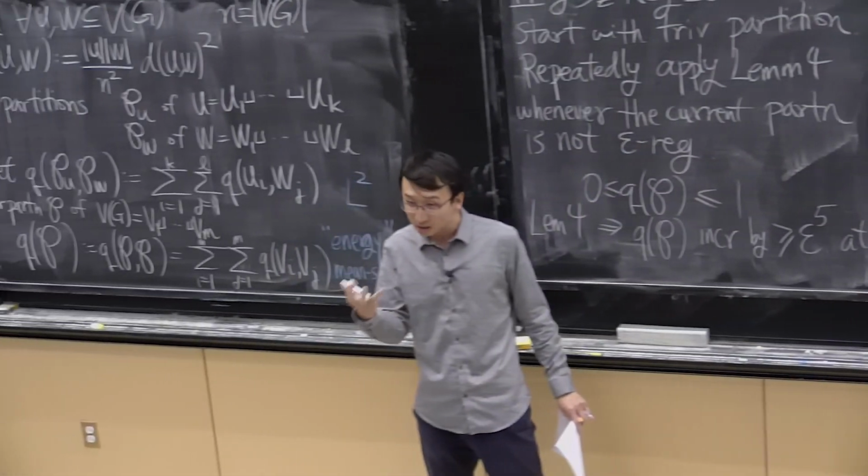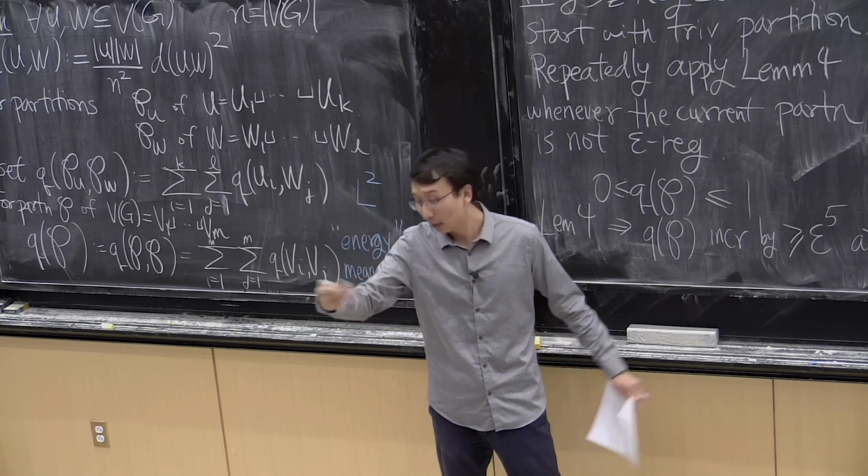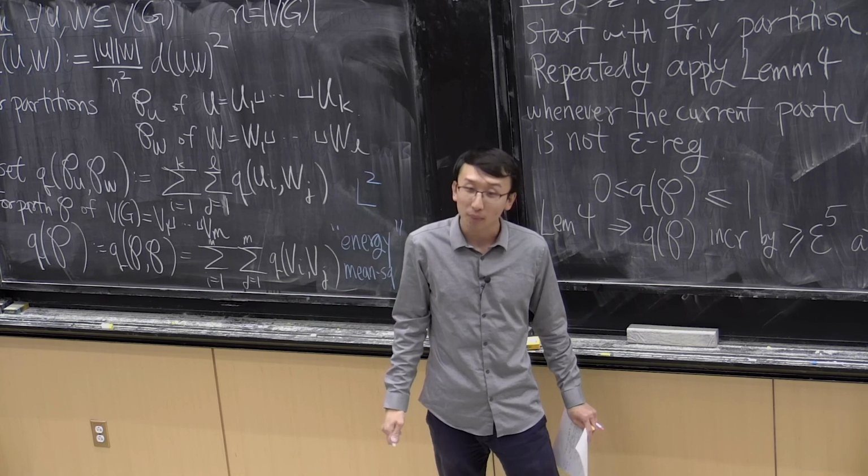So really, it's a tower of exponentials of size essentially polynomial in 1 over epsilon.